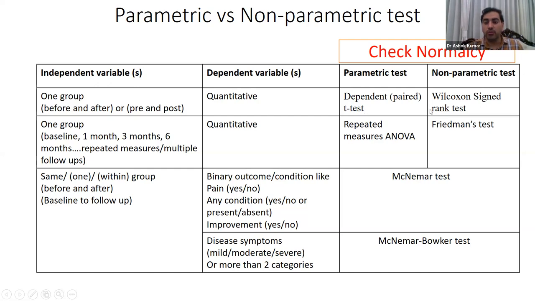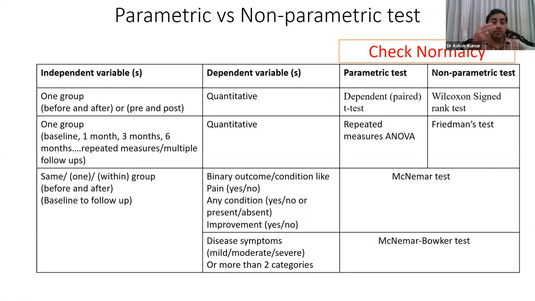If it is not normally distributed, we go for the Wilcoxon signed rank test. But if there is one group and it is repeatedly measured more than 2 times, for example baseline, 1 month, 3 months, 6 months, and if it is repeated only 2 times, then we go for the dependent t-test or Wilcoxon, whether normally distributed or not.